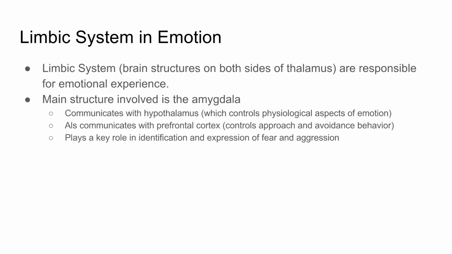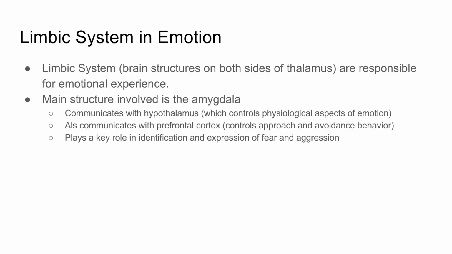Getting a little more into the details, the limbic system plays a key role in emotion. And again, the limbic system is the brain structure on both sides of the thalamus, and we view it as the emotional center of the brain. And the main structure that's involved in this emotion is the amygdala, and it communicates with various parts of the brain. It communicates with the hypothalamus, and that controls the physiological aspects of emotion.